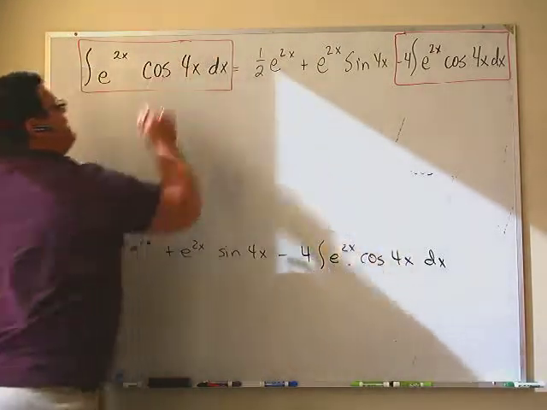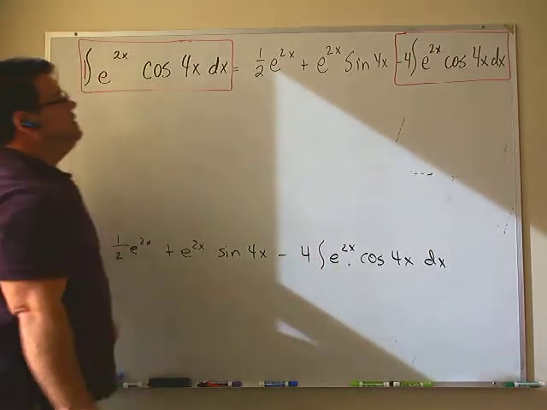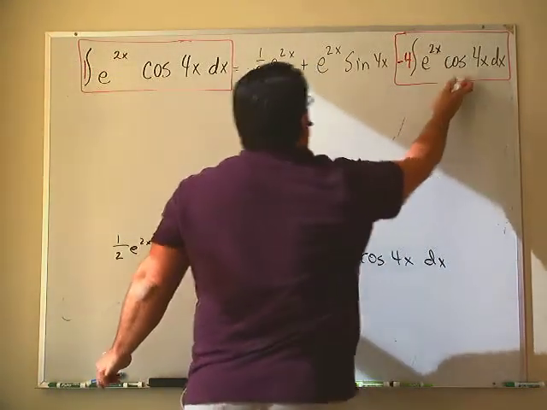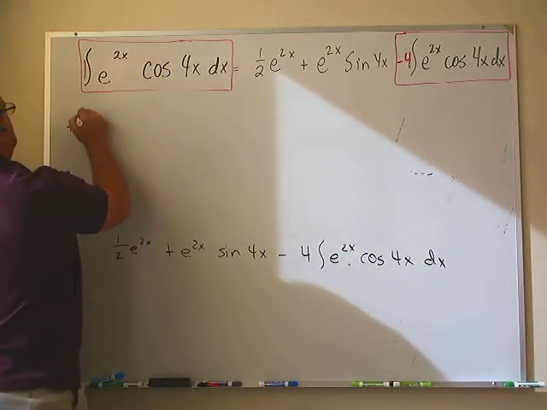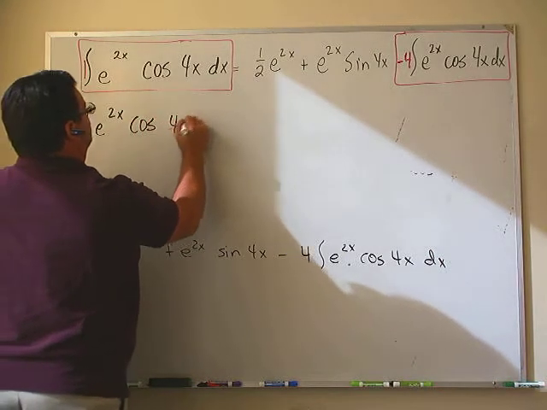Now these, and I'm going to take a red marker, these two right here, what are they? Everybody should say common terms because they're just alike. This one has a 1 in front of it. This one has a -4 in front of it.